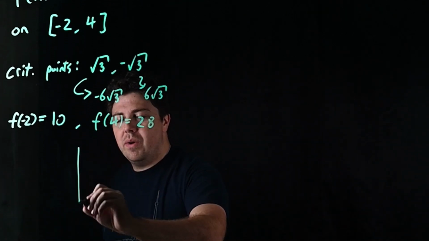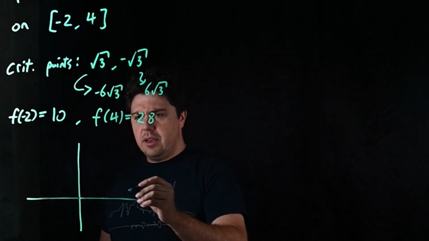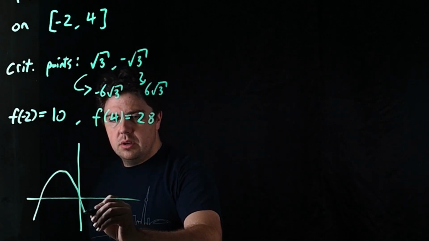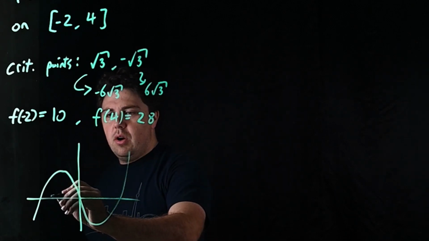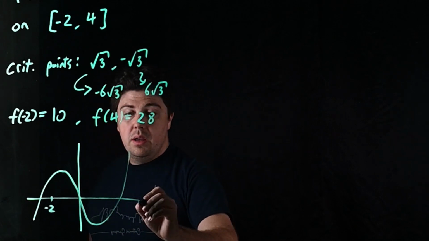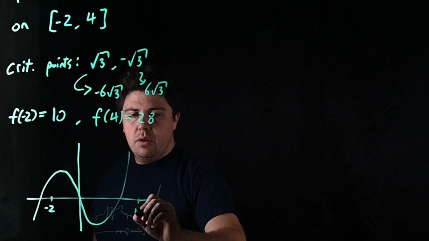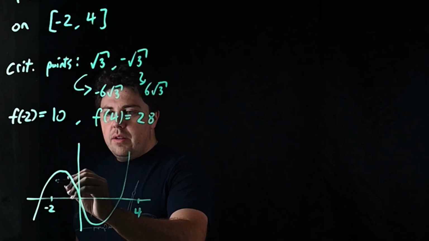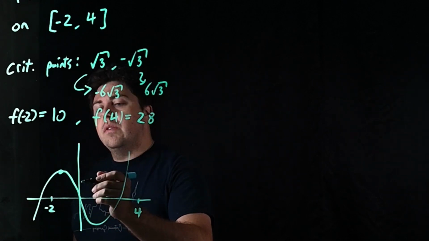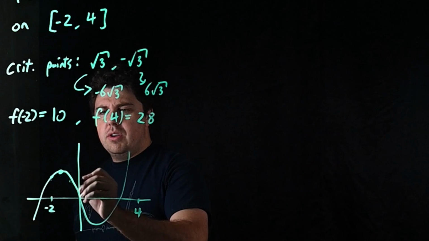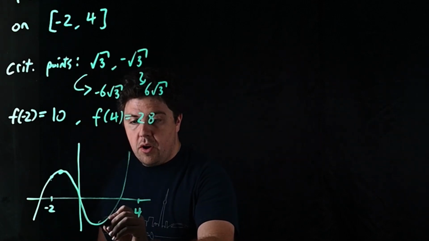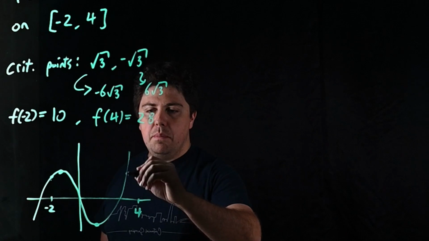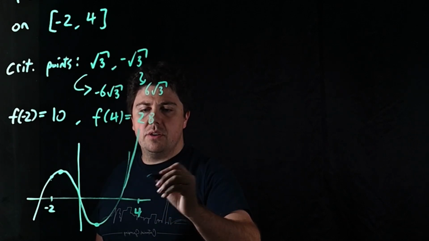So let's just remember, what does this function roughly look like? It looks something like this, and we're cutting it off at around -2 and around 4, and just what we're saying is, well, we have this value here, which is a little bigger than this value here at -2. We have our absolute minimum here, which happens to also be a local minimum, but let's just continue the graph up a little bit.